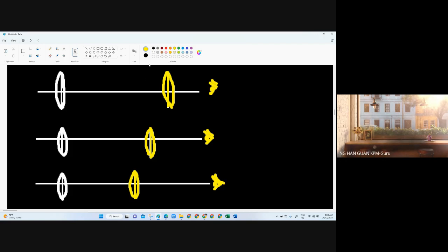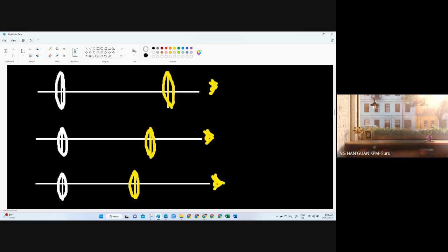Now we only focus on the arrangement, the length between the lenses. We still haven't discussed whether FO or FE is bigger.